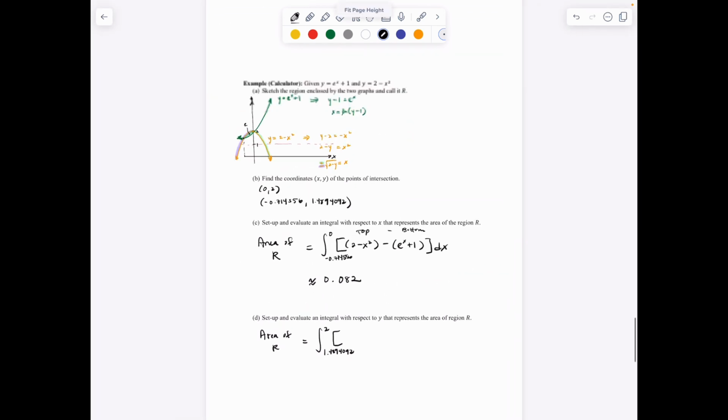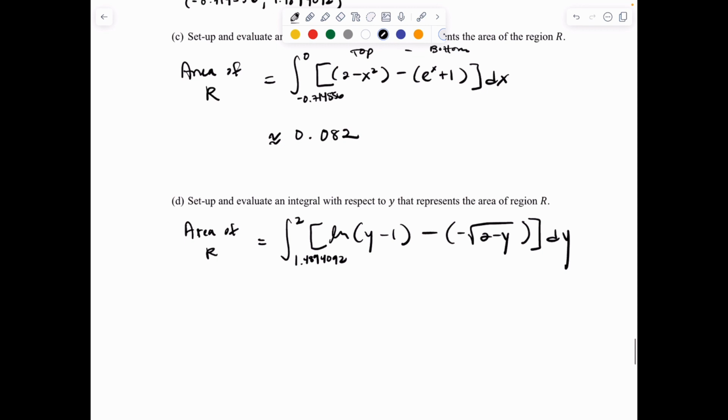And then the right function would be ln of y minus 1, minus the left function, which would be negative square root of 2 minus y. You could also think about it if you were to rotate the x and y axis, figuring out top and bottom, but I think right minus left works too.